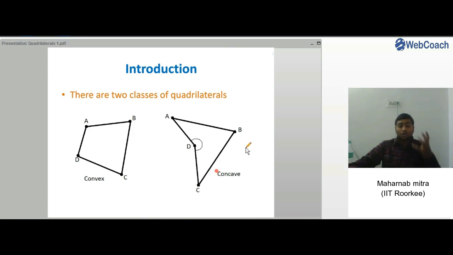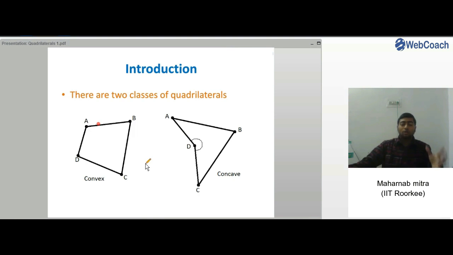So such quadrilaterals having one angle more than 180 degrees, or one of the angles as a reflex angle, can be termed concave quadrilaterals. And you can see it is concave outwards, or in the first case it was convex outwards, right?